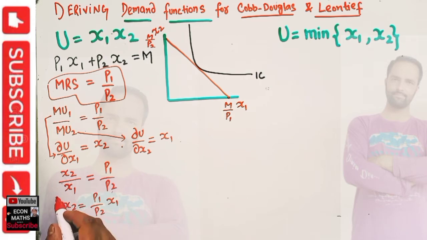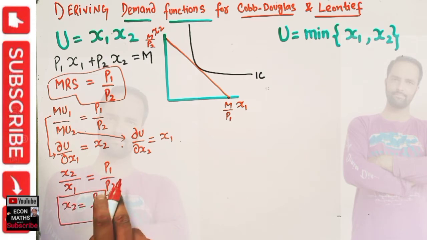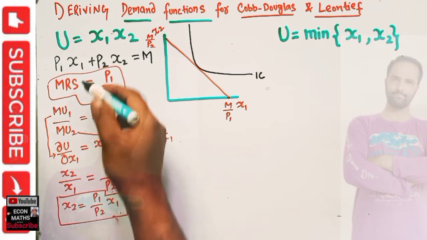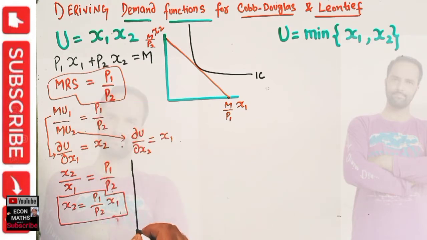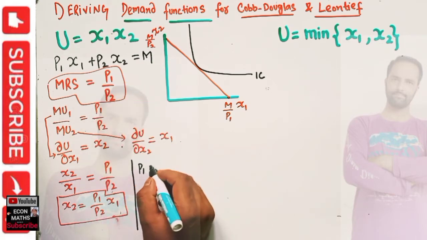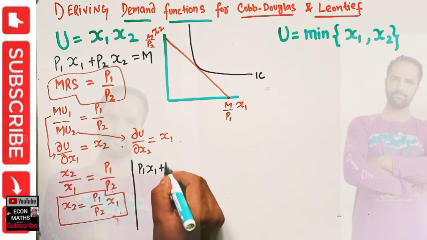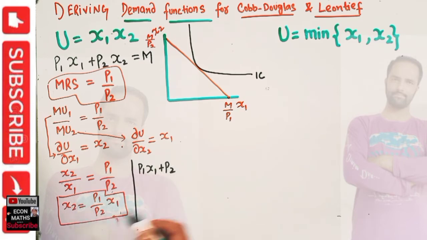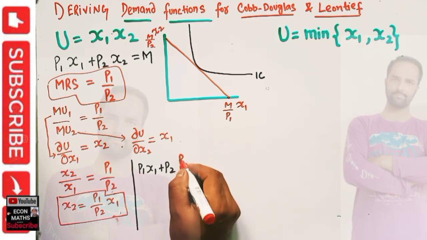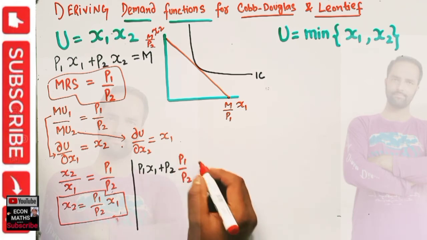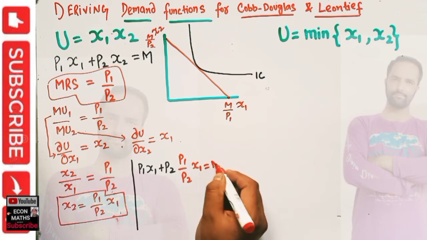Now just plug this value of x2 back into our budget constraint. If I put it in the budget constraint, what will I get? We have p1 x1 plus p2 times the value of x2, which is p1 upon p2 times x1, and it should be equal to income.